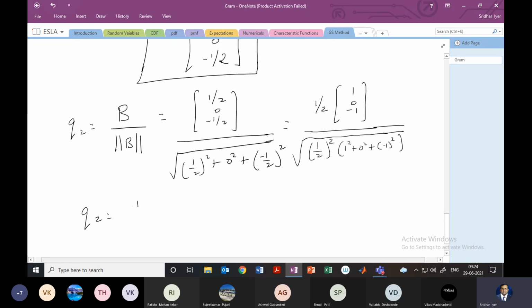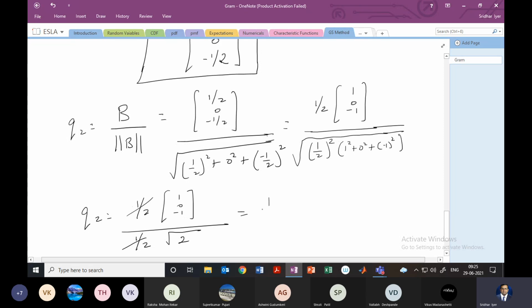So Q2, I'll rewrite the numerator half, 1, 0, negative 1. Now in the denominator, I'll take the 1 by 2 square from the square root outside. So I'll just be left with 1 by 2, right? And then inside the square, you have 1 square plus 0 square plus minus 1 square. So you'll be left with root 2, right? So I can simply cancel this 1 by 2 in the numerator and denominator, right?